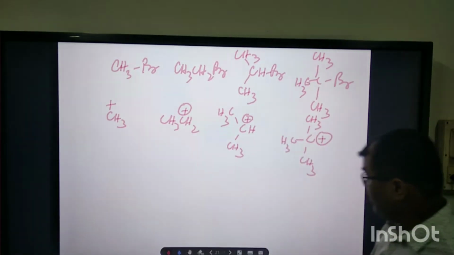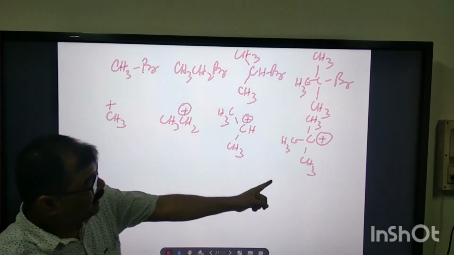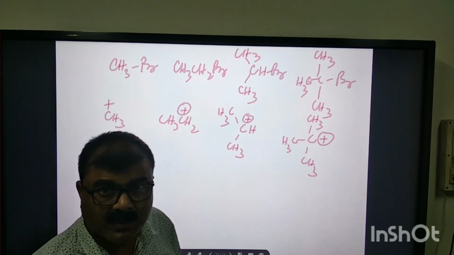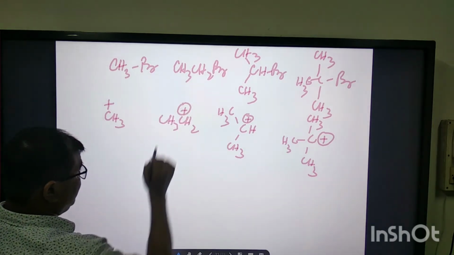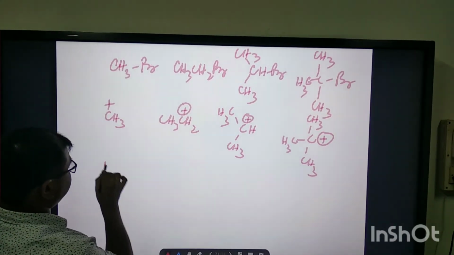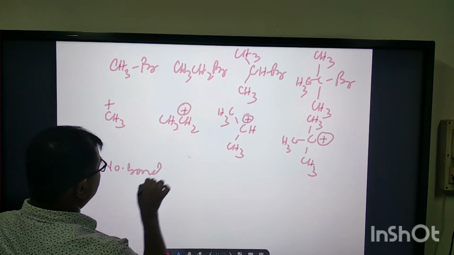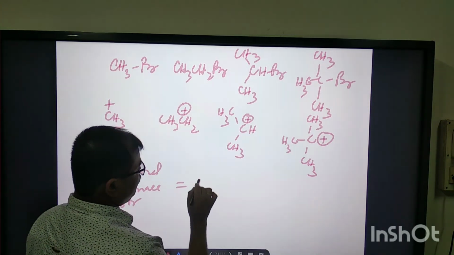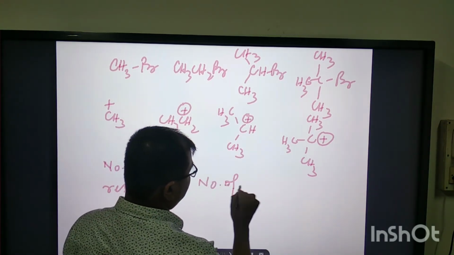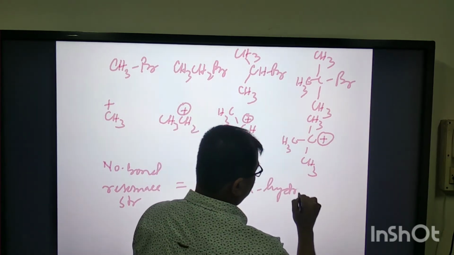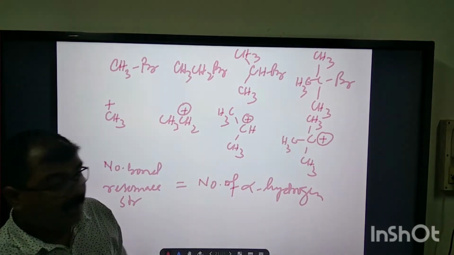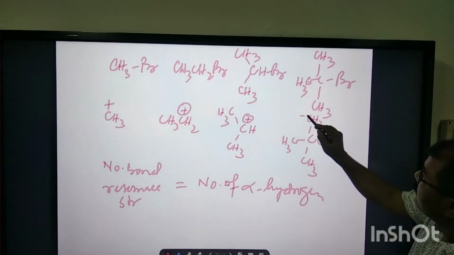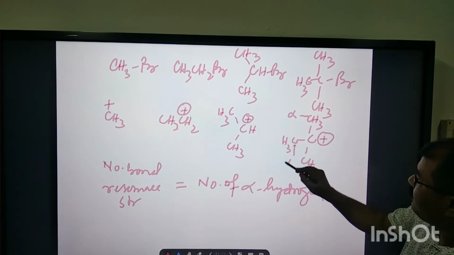To understand hyperconjugation, you have to see the maximum number of no-bond resonance structures. The number of no-bond resonance structures due to hyperconjugation equals the number of alpha hydrogens.